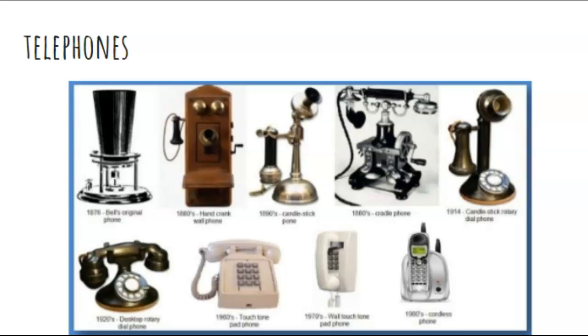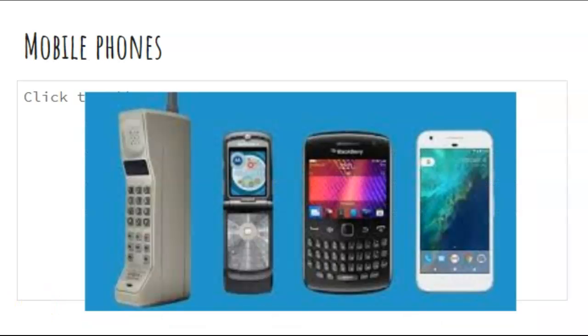Here are some of the different telephones and what they looked like over time. These kind of telephones were not telephones you could take out and around with you. They stayed at home, plugged in. Then we have mobile phones.